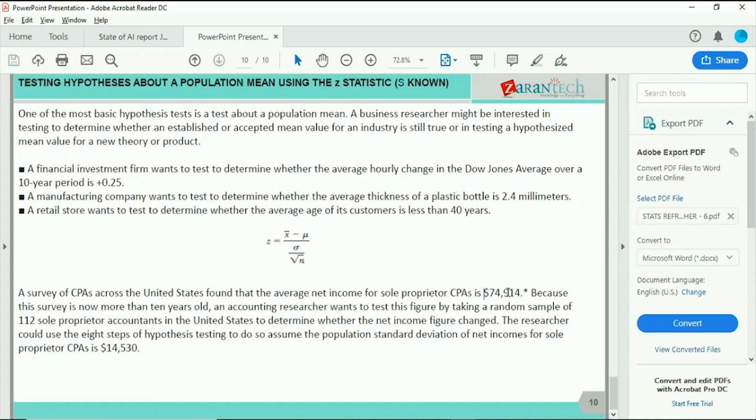Now, if you reject the null hypothesis, you will come to a conclusion that it is not 74,914. It is something else. In this study, you are not going to find out whether it is greater than or smaller than, because it is a two-tailed test.